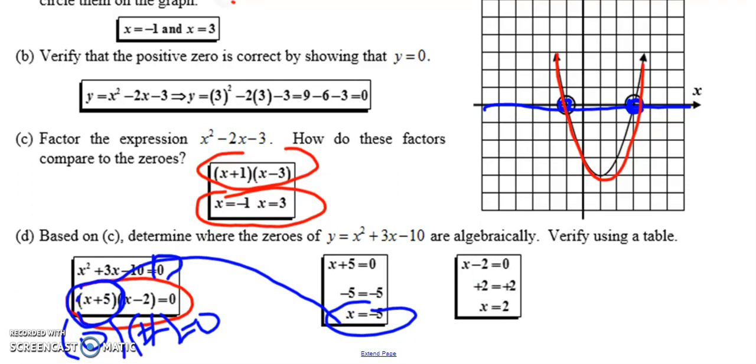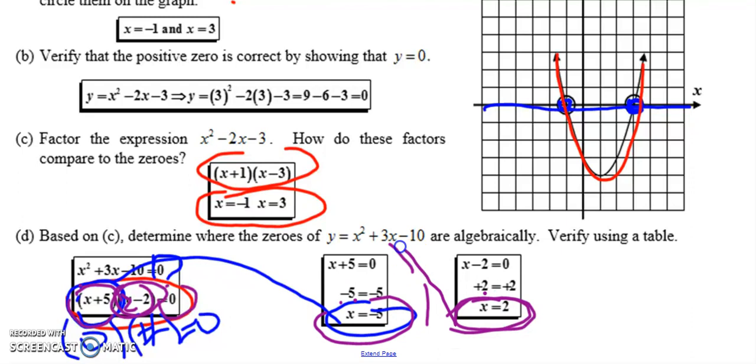If this thing becomes 0 by putting a 2 in there, 2 minus 2 is 0, then it doesn't matter what goes in here because I will always get 0 when I multiply by 0. So these are the zeros, meaning if we put these x's in this equation, we'll get out zeros. All right, we'll keep working with this and you'll get it. It's not so bad.